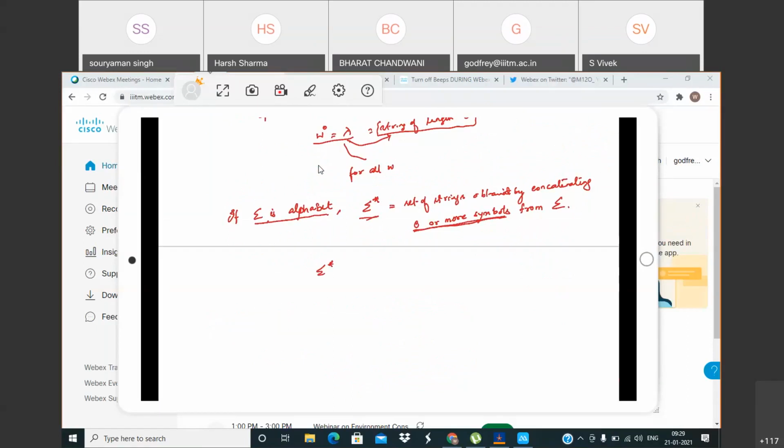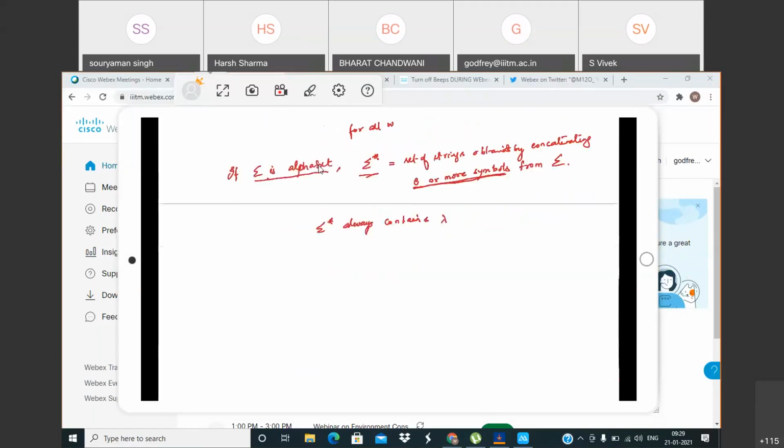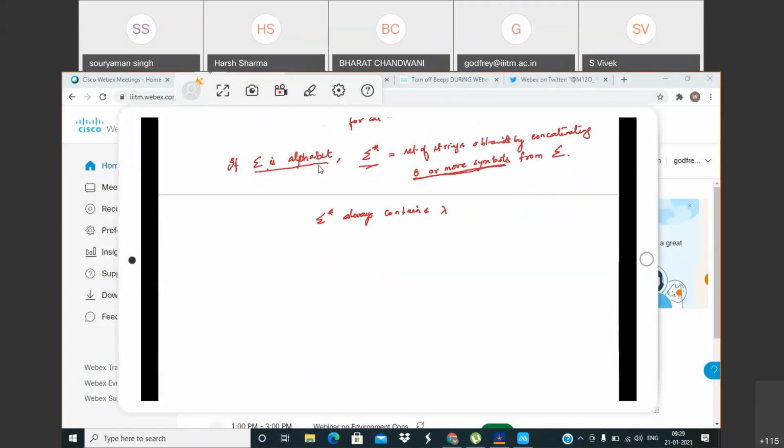So sigma star always contains lambda. If you want the set of strings that do not contain lambda, you write it as sigma plus.